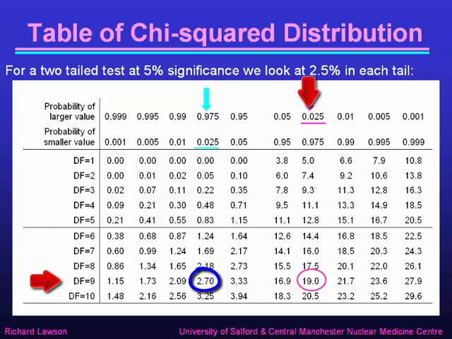And in the upper tail, a probability of a larger value with a p of 0.025 for 9 degrees of freedom corresponds to a critical value of 19. So we need chi-squared less than 2.7 or more than 19 for a significant result.